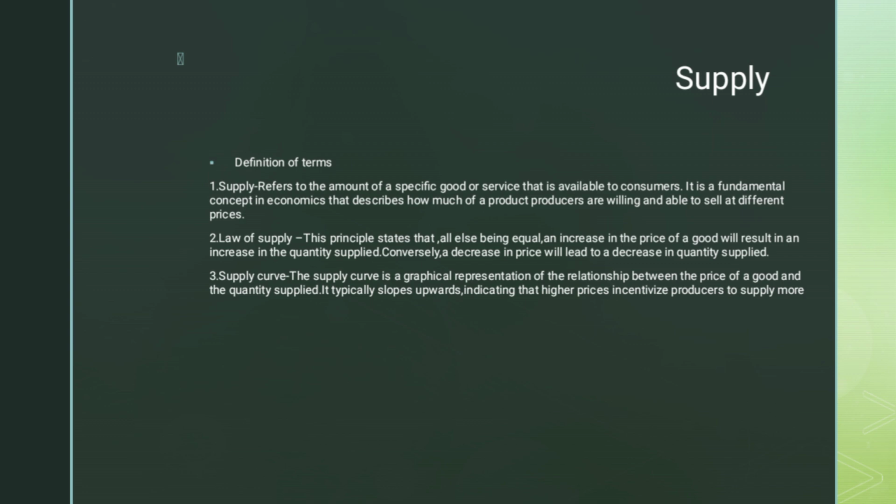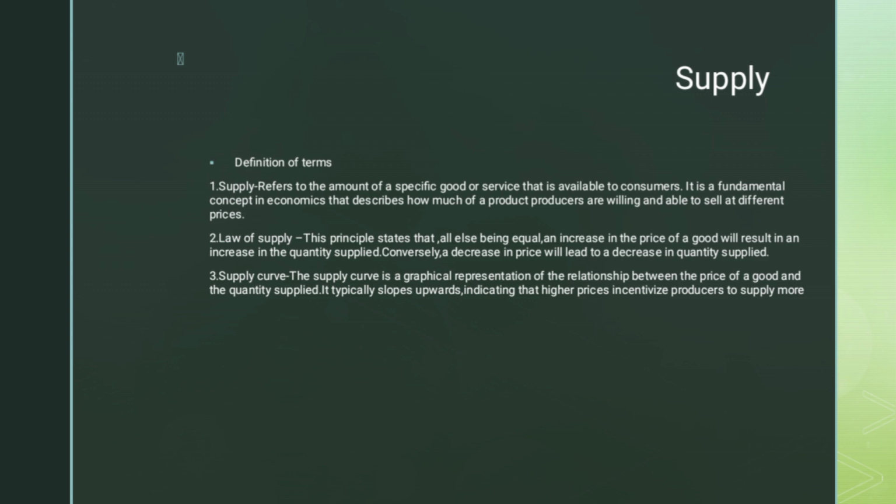Next, we are going to look at the law of supply, a principle that states that all else being equal, an increase in the price of goods will result in an increase in the quantity supplied. Conversely, a decrease in prices will lead to a decrease in quantity supplied.